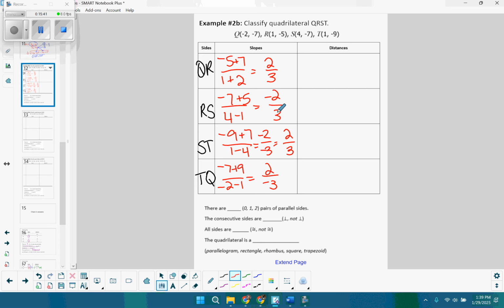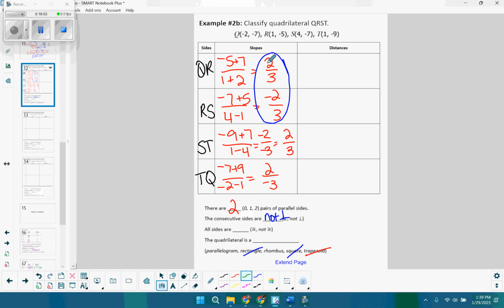Second and fourth, they're both negative 2/3. So we have two pairs of parallel sides. That gets rid of trapezoid. Checking the consecutive sides, 2/3 and -2/3 are opposite signs, but they're not reciprocals. So this is not perpendicular. We can get rid of square and rectangle.